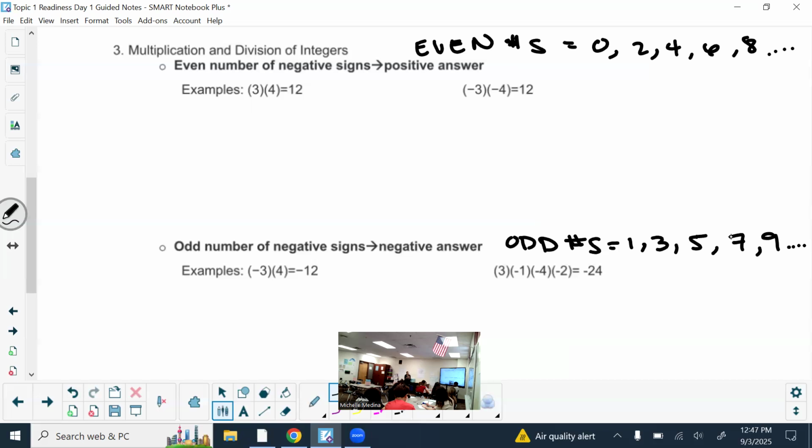But basically, you count how many negative signs you have. You do the multiplication like normal, almost ignoring the negatives. And then the sign depends on whether you had an even number of negatives or an odd number of negatives. So, how many negatives do I have in this first one?